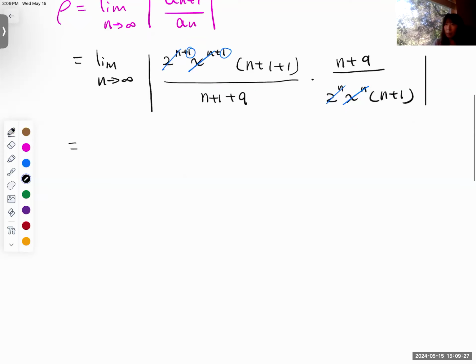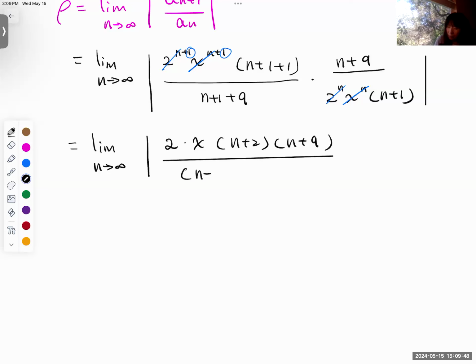Okay, then there will be the limit as n approaches positive infinity of 2 to the first power, and x to the first power, and n plus 2, n plus 9, over n plus 10, and then n plus 1, right? Okay, now we distribute this one and distribute this one.